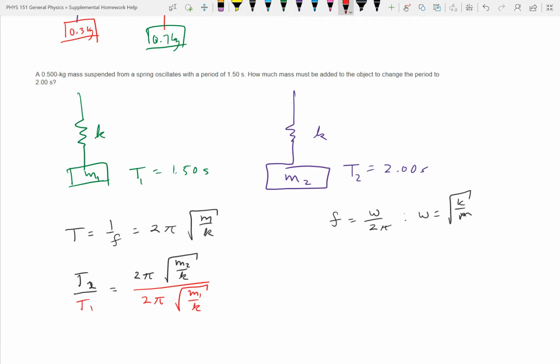Not everything cancels, but a lot does. The 2 pi's cancel and the k's cancel. So that's just the square root of m2 over m1.